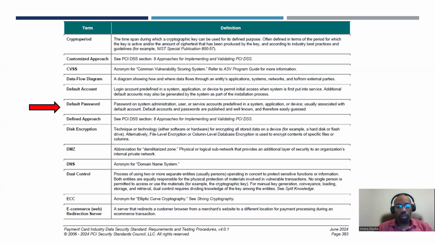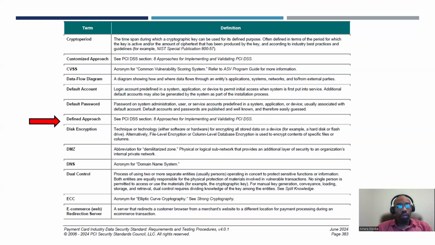It's a password that was published and can be found on the internet. For example, if you just go and type Oracle database, you can find the default account and the default password. That's the reason why we need to have this changed, because if not, there can be issues. A hacker can just run in, and it has happened.